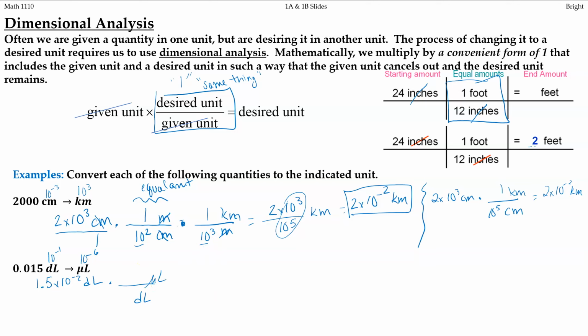So in 1 deciliter, if I'm starting at the deciliter spot, there are 10 to the positive 5. Deciliter is larger. You need to break deciliter into many smaller things, microliters, and specifically 10 to the 5th. And then you can multiply through.